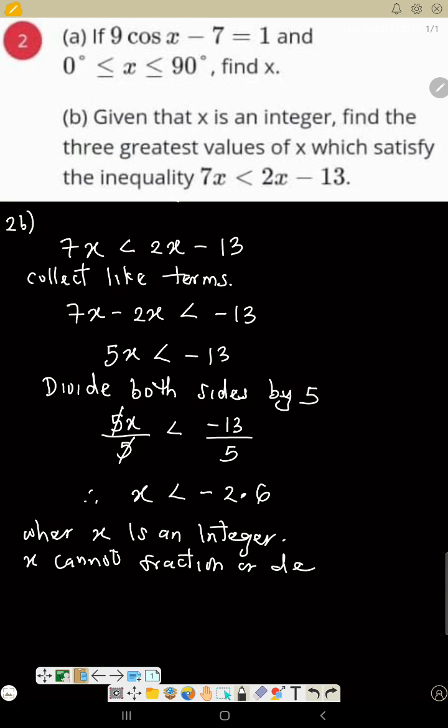Watch my video on types of numbers, so you will understand this one. So s cannot be a fraction or decimal because s is an integer.